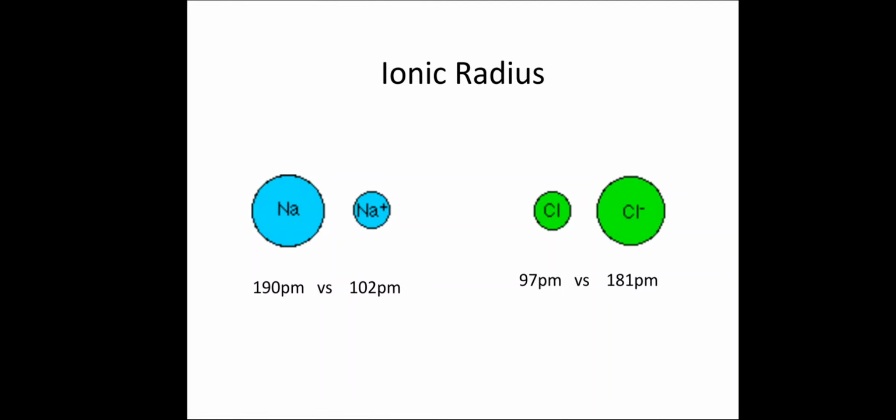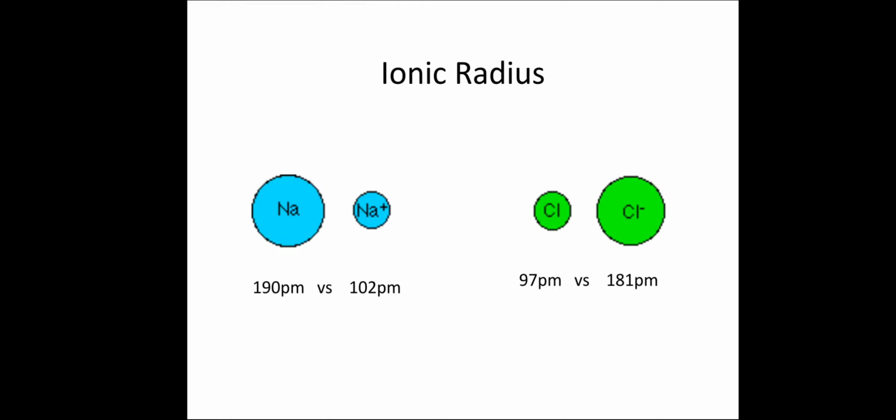In an ion, the ionic radius is the distance between the nucleus and the outermost electron. Similarly, you have chlorine, which is neutral. If you determine its radius, it is the atomic radius. And in the same way you have chloride, which is a negatively charged anion.